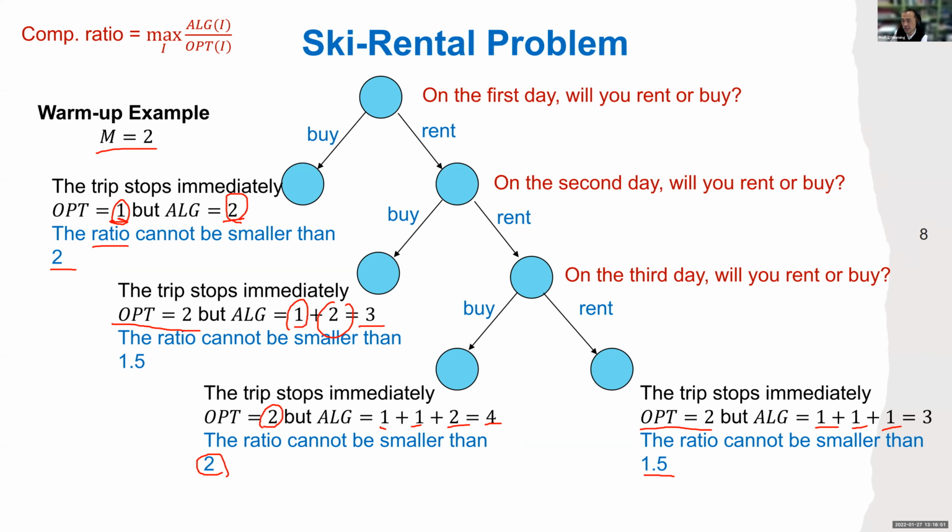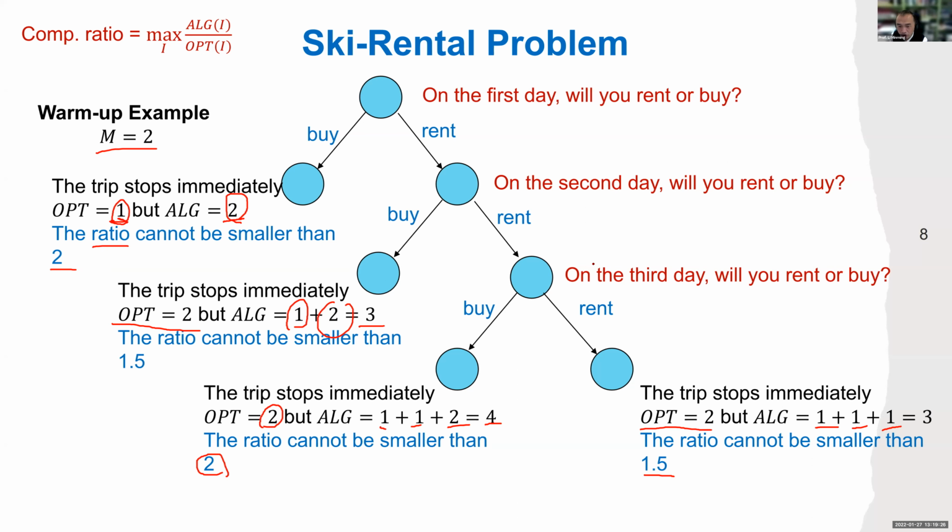So with this toy example, you can see that you can never do better than a ratio of 1.5, because you can imagine there is a bad guy. Based on your algorithm's output, he will decide whether to give you 1 more day or not, right? By looking through this whole tree, you can see that the bad guy can always manipulate so that your algorithm cannot do better than a 1.5 approximation, right?